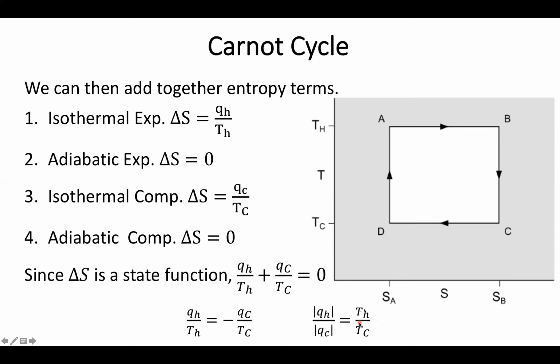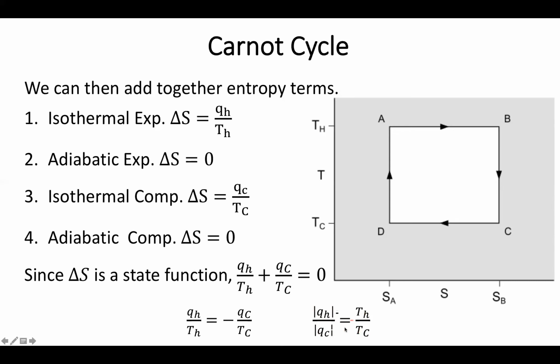And this actually shows us a very important feature, which is the fact that since my hot temperature, by definition, has to be larger than the temperature of my cold sink, because again, hot and cold, this also means that the amount of energy that enters the system in terms of heat is also going to be larger than the amount of energy that leaves the system going to the cold sink.